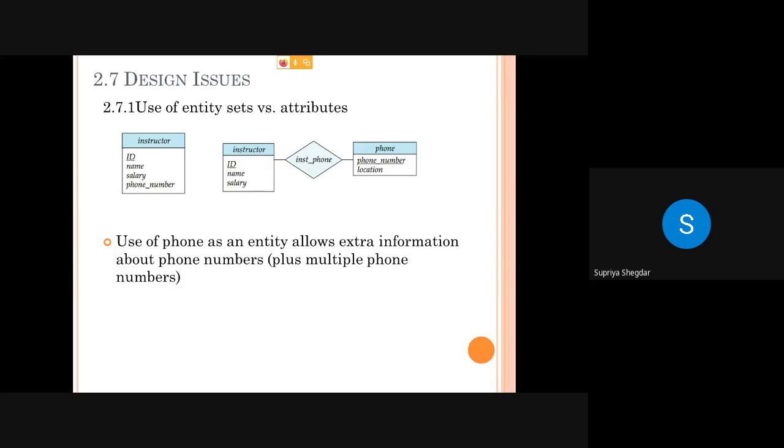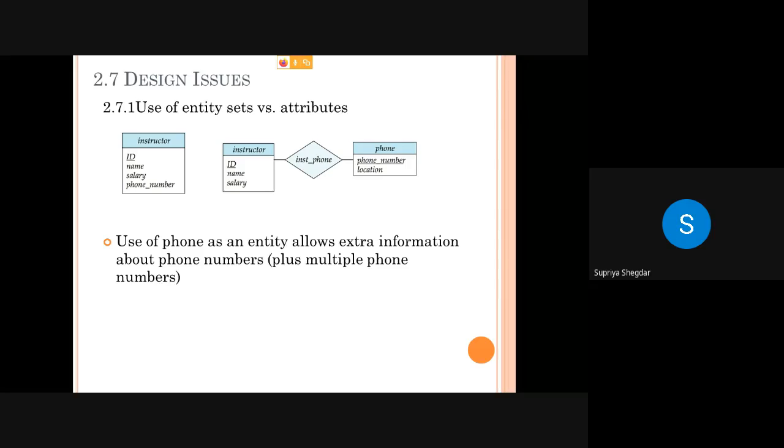But if we keep it like this only, then we cannot add more than one phone number for that instructor if all the instructors have 2 or 3 phone numbers. We can save only one phone number if we use the first schema.